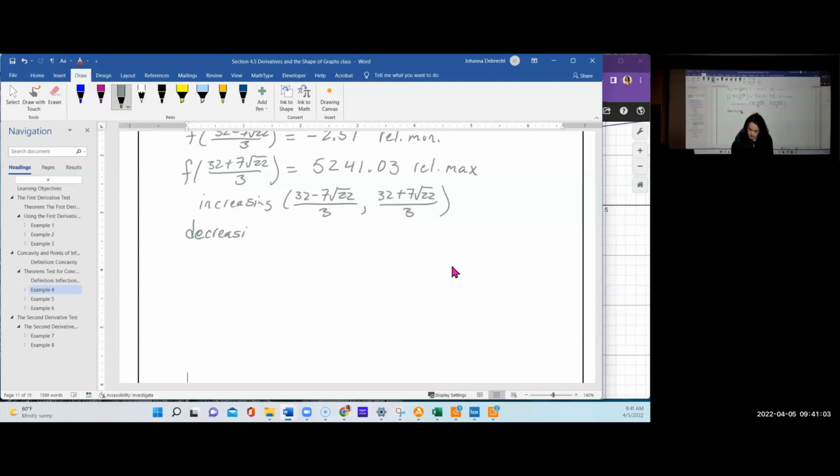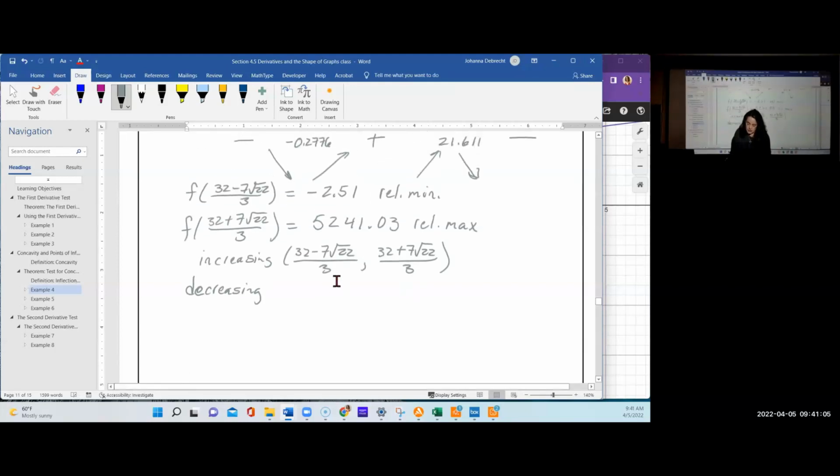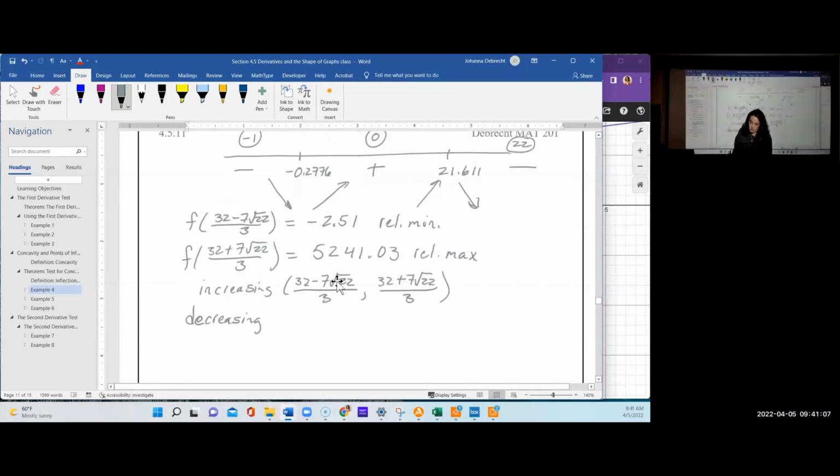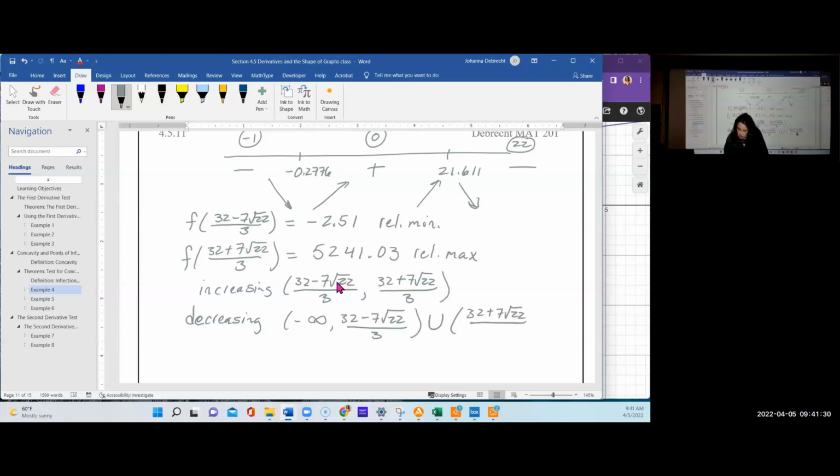So we know that the graph is going down over those intervals. That would be from negative infinity up to the first critical value, (32 minus 7 square root of 22) all over 3, union from the second one, (32 plus 7 square root of 22) over 3, to infinity.